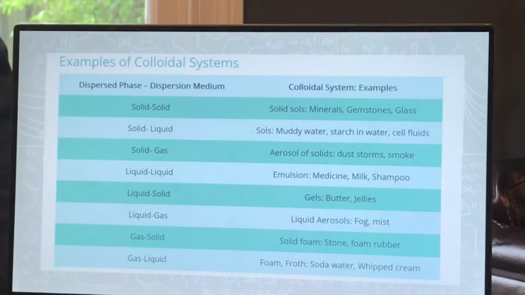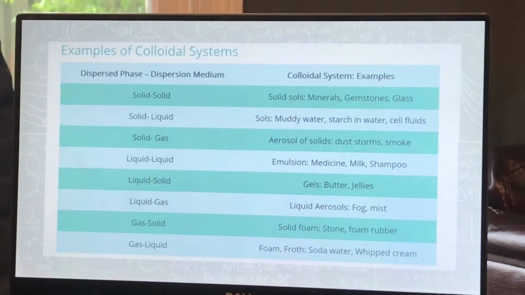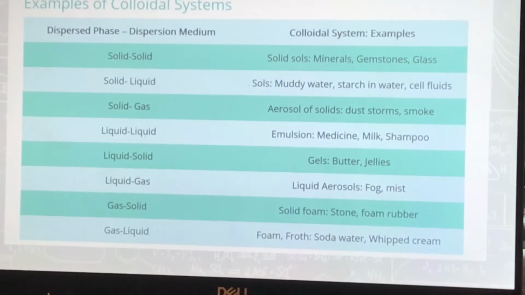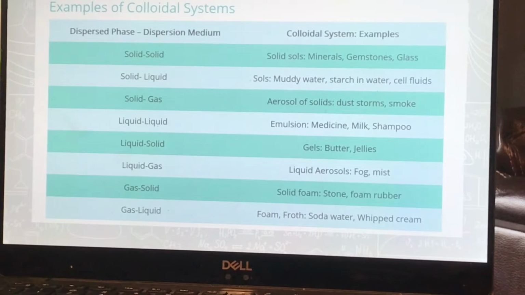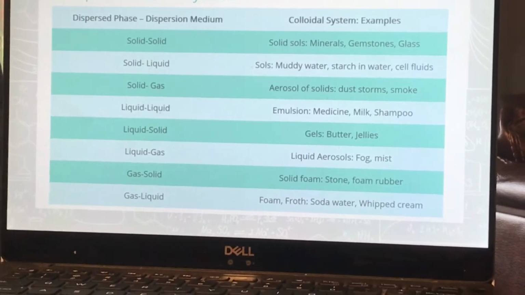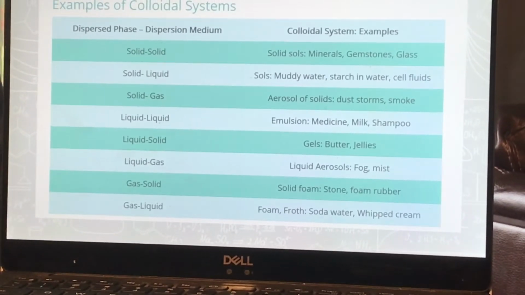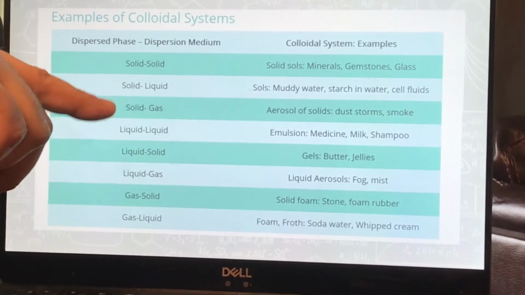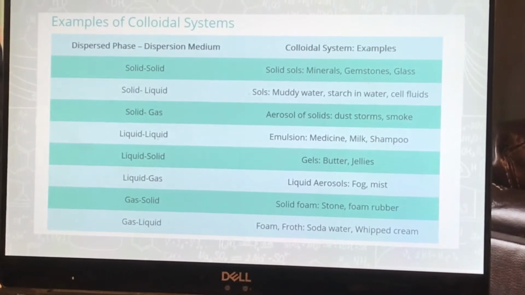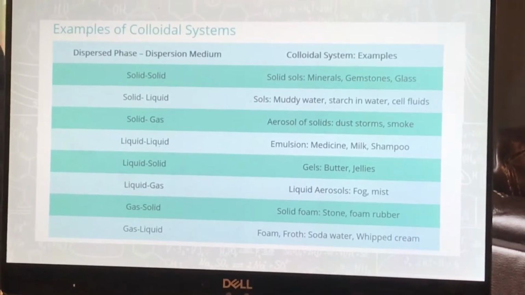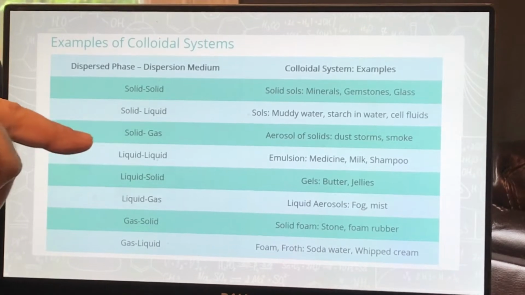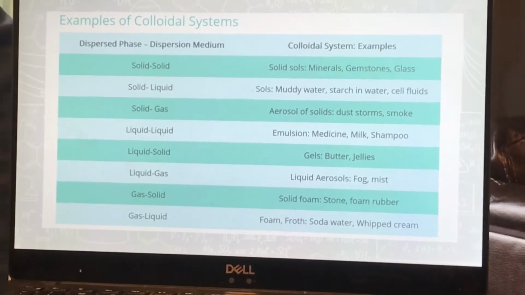And we're not talking about diamonds because diamond is just carbon. But different gemstones are a bunch of different minerals put together to form a gemstone. That is a solid colloid. You have a solid liquid colloid, like starches and waters, a solid gas, aerosols.